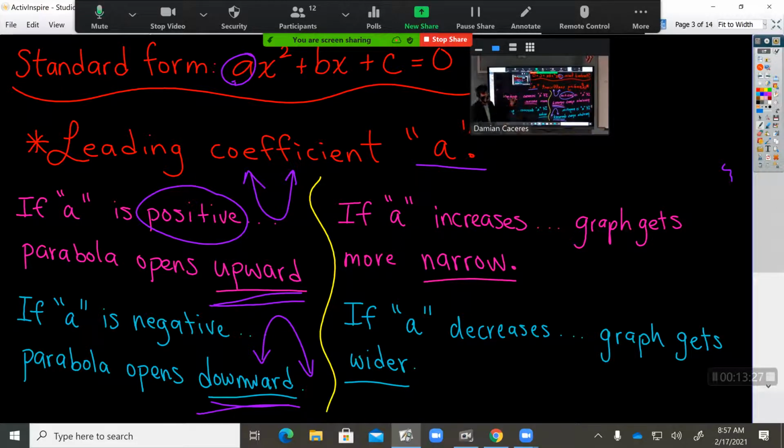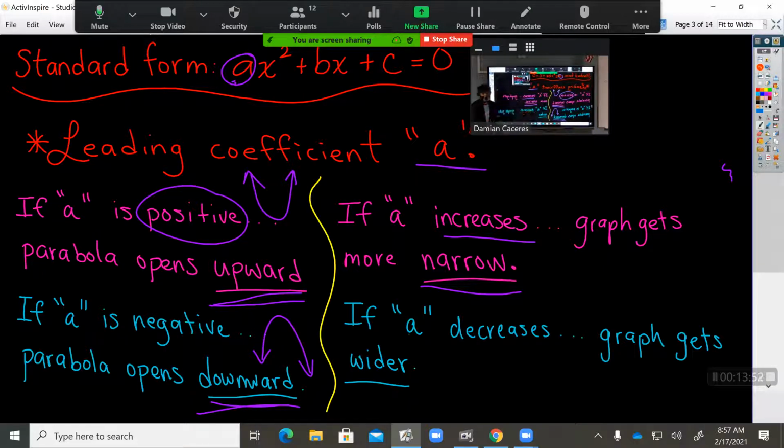Now, this is the second part where a affects the graph. If a increases, so the bigger the value of a, the more narrow the graph gets. So if a was 1, the graph will be like this. If a is 100, the graph will be almost perfectly straight, very narrow. Exactly.